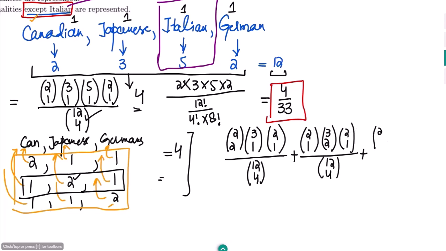Here the total number of Canadians is 2, the total number of Japanese is 3, and the total number of Germans is 2 as well. Writing the combination 1, 1, 2: 1 from the Canadian, 1 from the Japanese, and 2 from the German, whole divided by 12 choose 4.